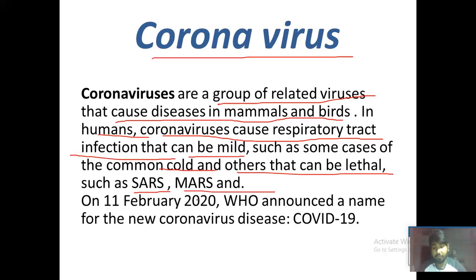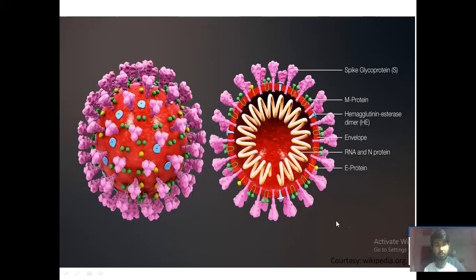On February 11, 2020, the World Health Organization announced the name of the new coronavirus disease, COVID-19, which is spreading nowadays. Before going to the mechanism of action, we have to know the morphology of these coronaviruses.